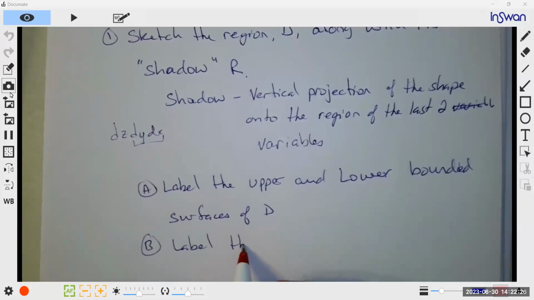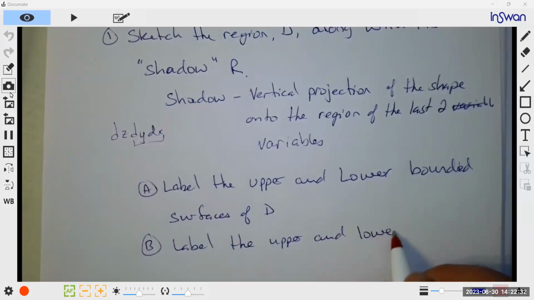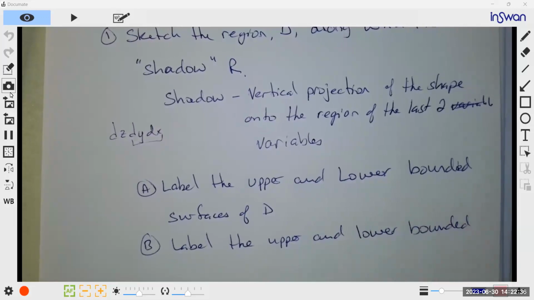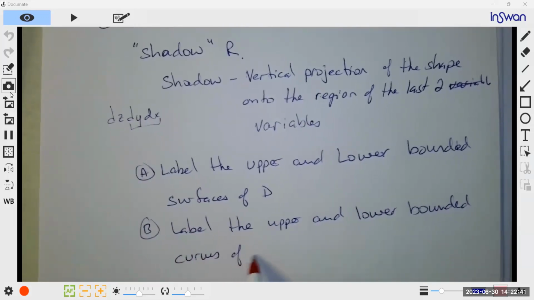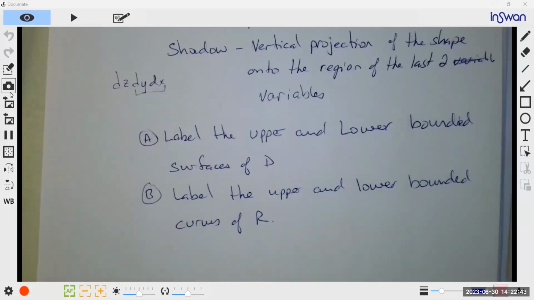Then label the upper and lower bounded curves of our shadow.